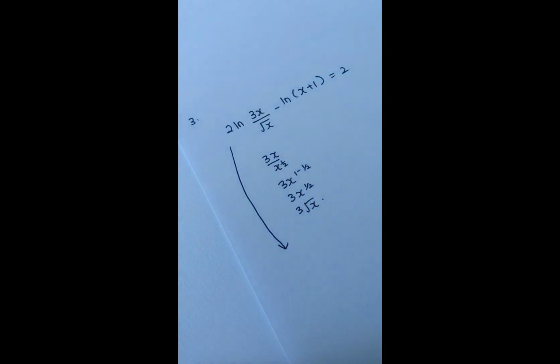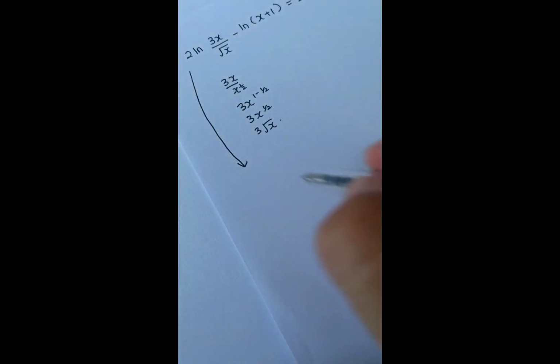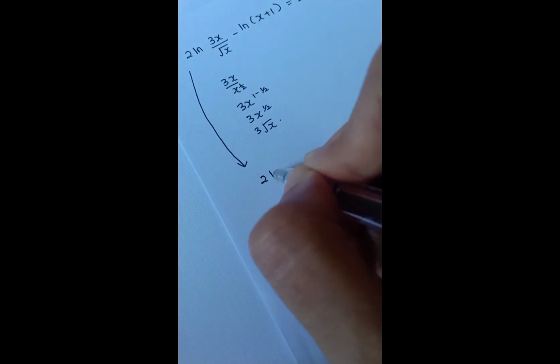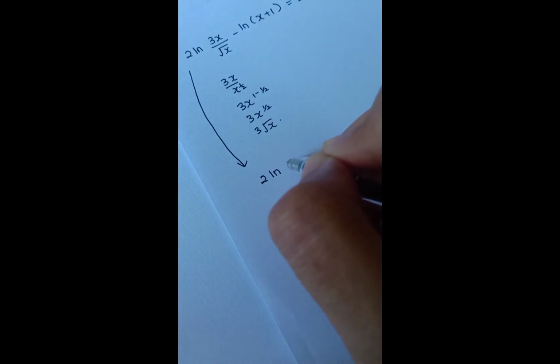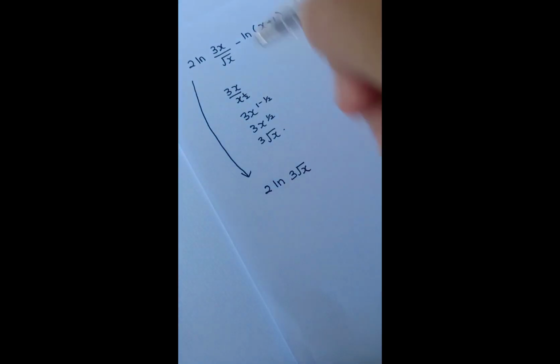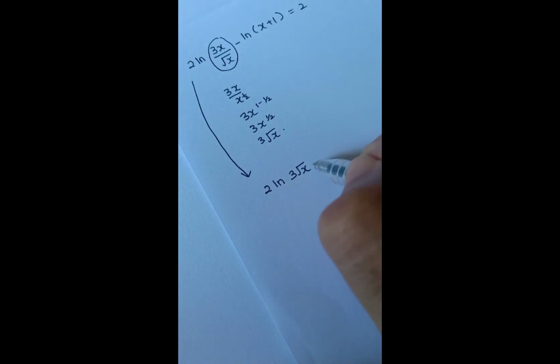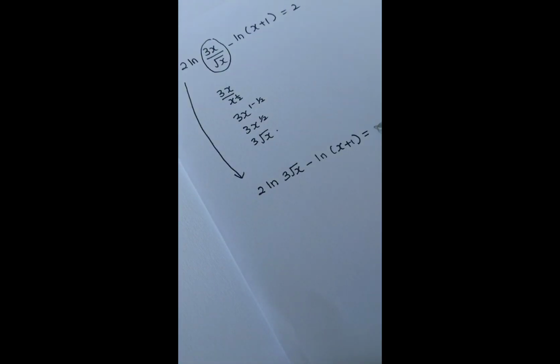So now we can answer the question. 2 ln 3 square root of x. You see, we have changed it to simplest form here, minus ln x plus 1 equal to 2.